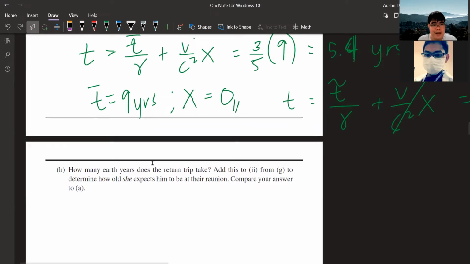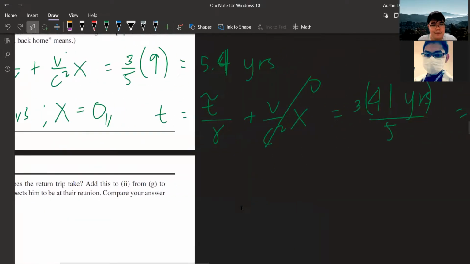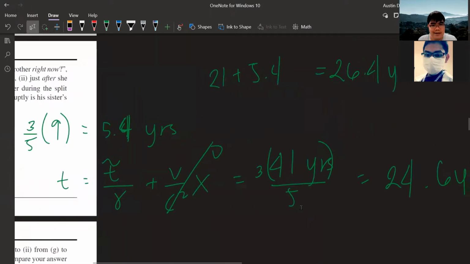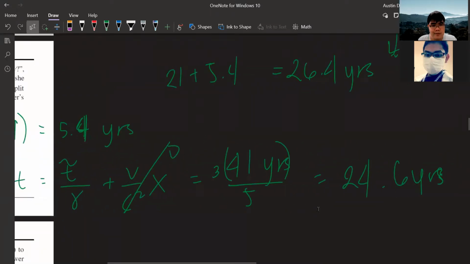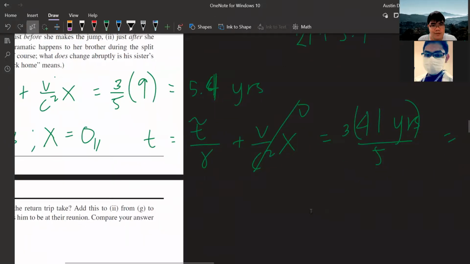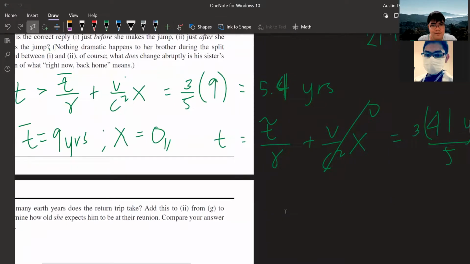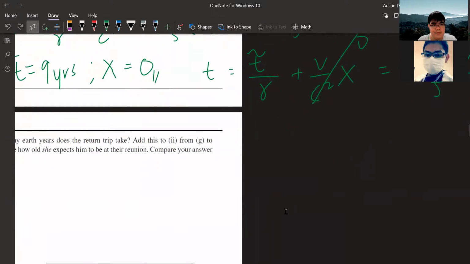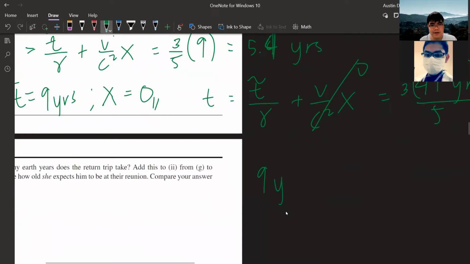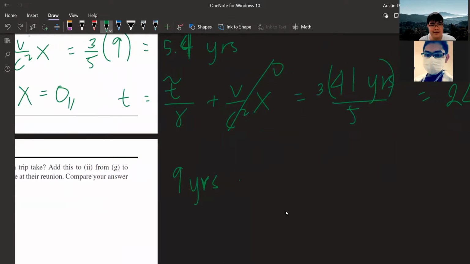Okay, so pwede mo itong i-calculate gamit yung oras nung 9 years. Di ba may 9 years, 9 years pa pabalik si ate girl mo after the jump? So therefore, pag nag-dilate yung oras niya, dapat 3/5 nito is 5.4 years.